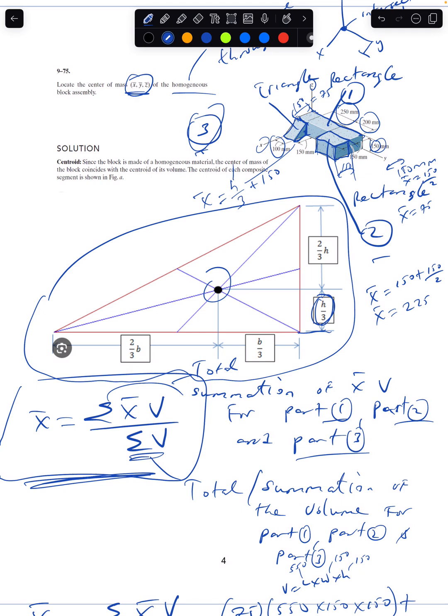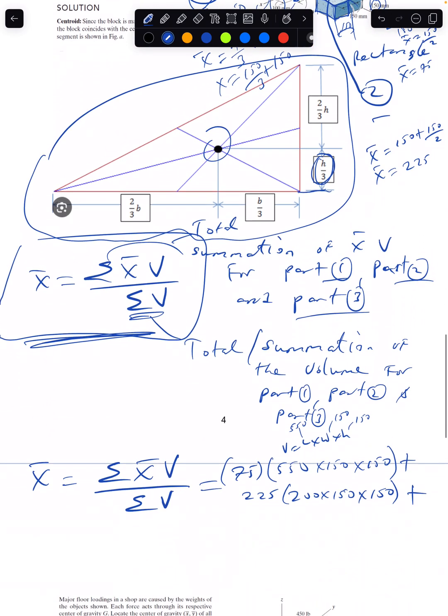The height is actually 150. So technically, x is equal to 150 over 3 plus 150. 150 divided by 3 is 50, plus 150 gives 200. Therefore, x bar for part 3 is 200.